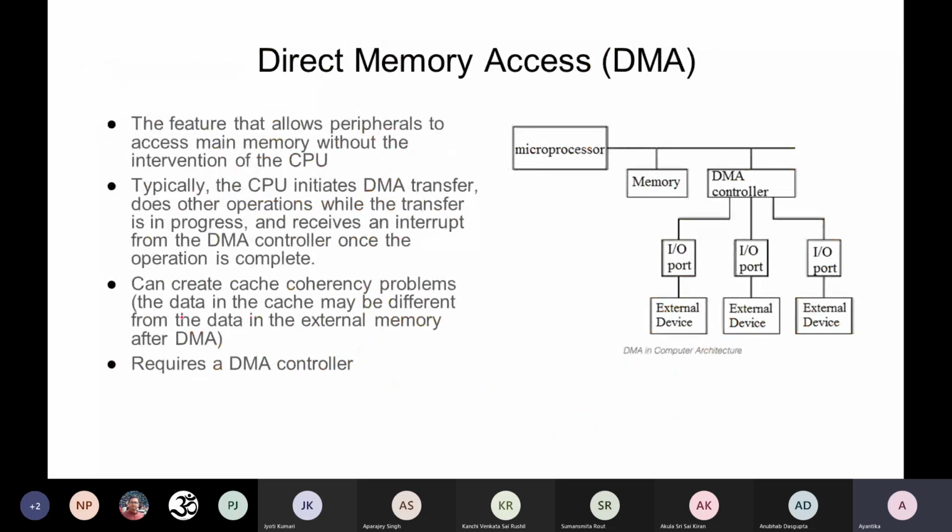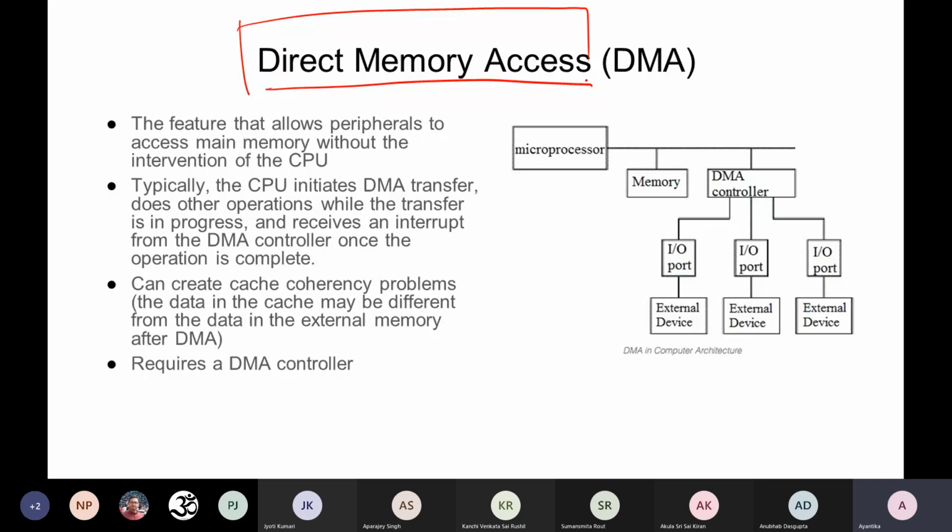Let's start with DMA. DMA means direct memory access. Now think about your convolution layer, CNN. You have some input pixel details, an input image-related matrix, and on top of that you are applying some filters, some weights, and multiplying.